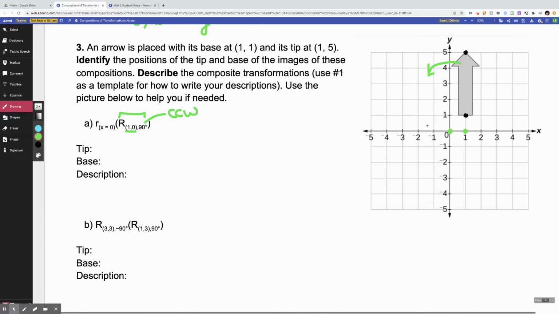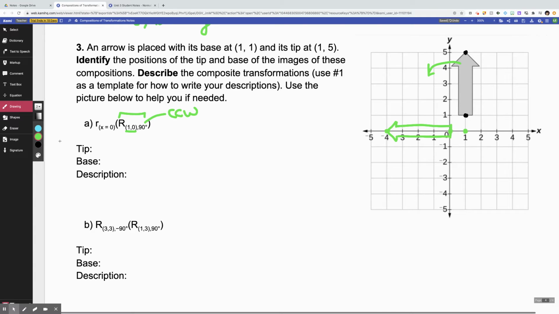So I'm going to count 4 spaces to the left here because I took this and I swung it downwards, almost like the hand of a clock going backwards. Okay, so that point is right here, and then I can kind of draw that in. Not very well because Miss Engel is not an artiste. Okay, so that's the first part.